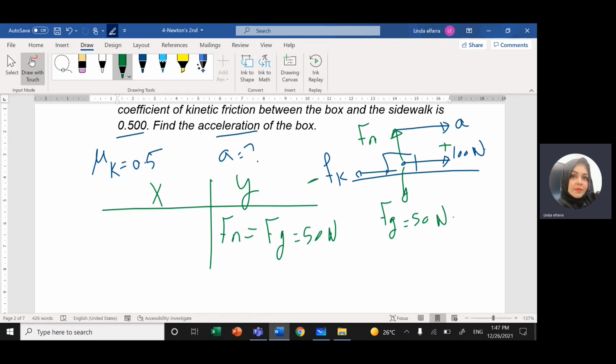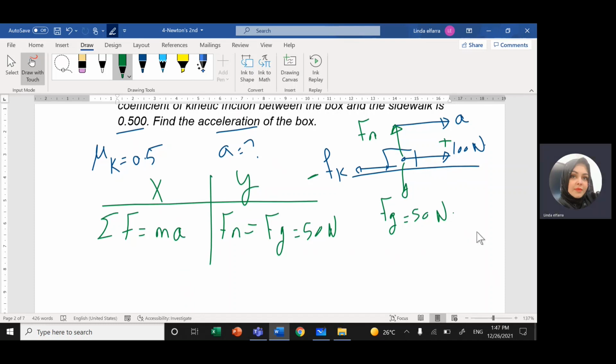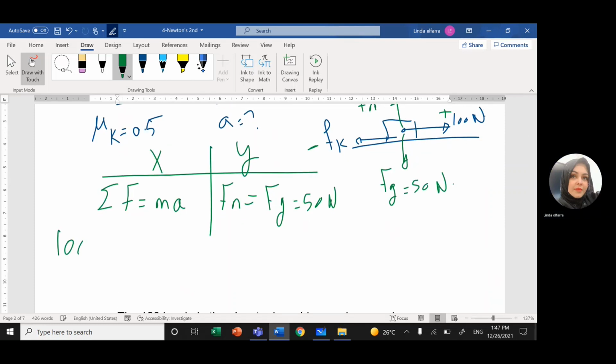Here I'm going to apply Newton's second law because I have motion and I have acceleration. All the forces acting on the object equal mass times acceleration. 100 to the right minus Fk, to the left so negative, will equal mass, which is 5, times the acceleration.